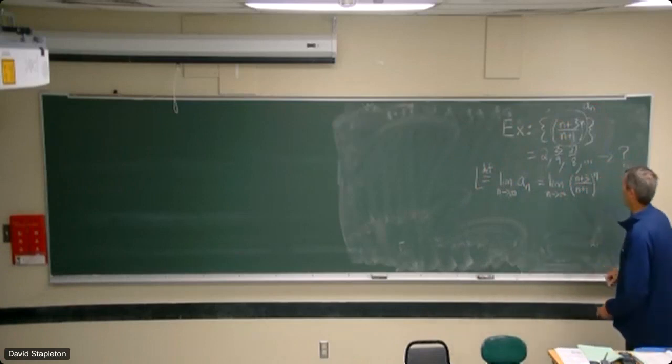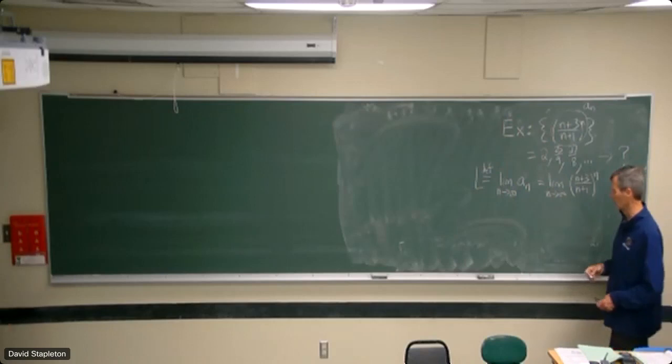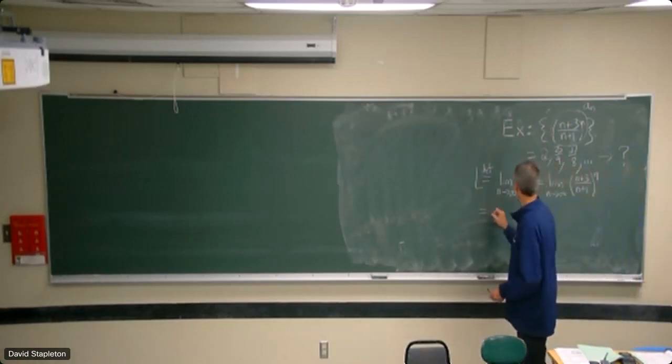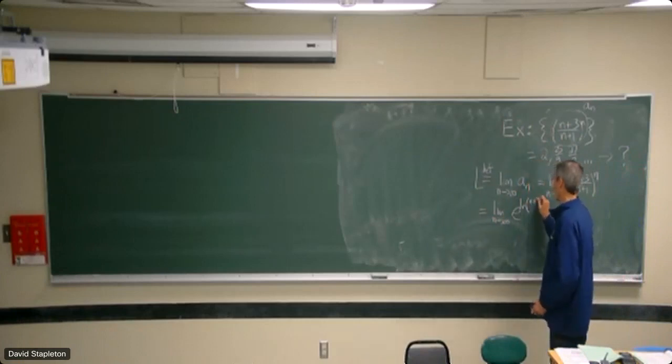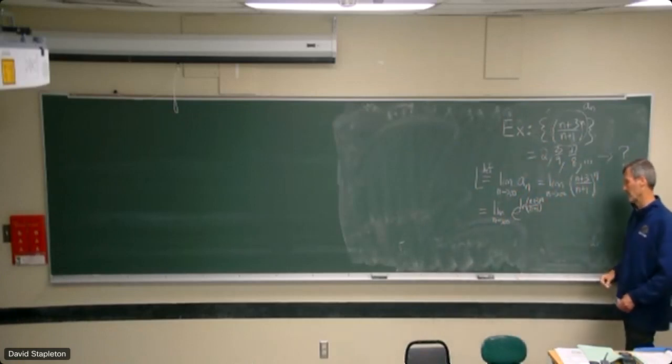Now how do you take the limit when n is in the power and also in the base? What I like to do, at least, is to rewrite it as e to the natural log of (n plus 3 over n plus 1) to the nth. e and ln undo each other, so it's the same thing, just by algebra.